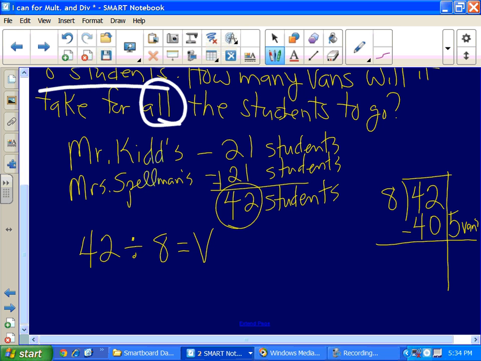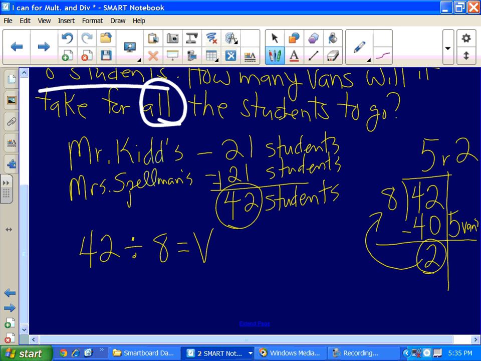I've subtracted this out because now I've got those 40 students. That leaves me 2 students still left to go. So the answer to the division problem is 5 remainder 2. Again, just a reminder, the remainder must be less than the divisor for you to stop dividing, because we need at least 8 to fill up a van.